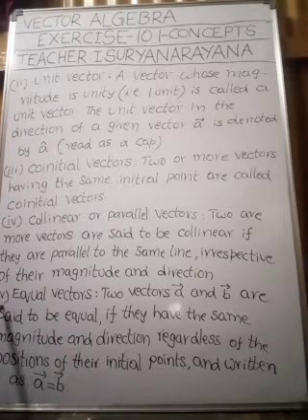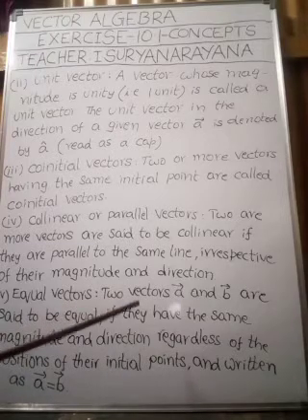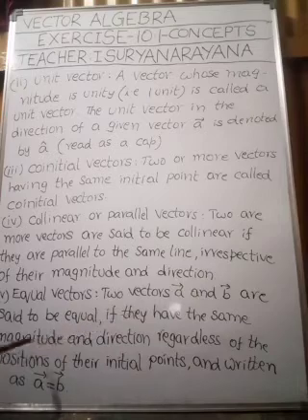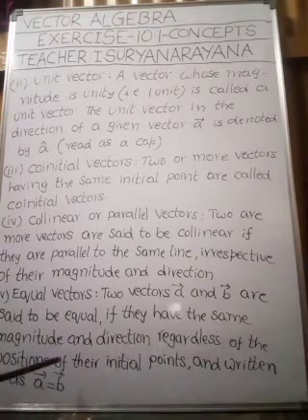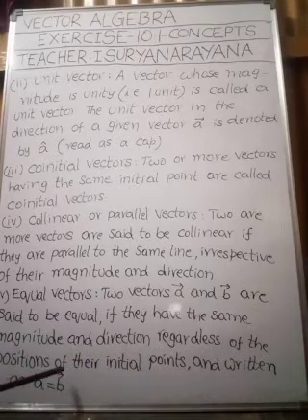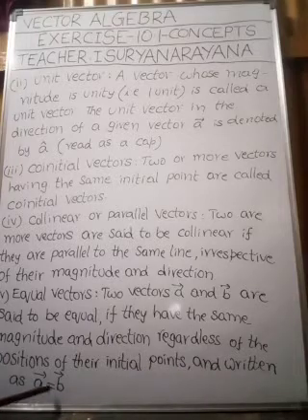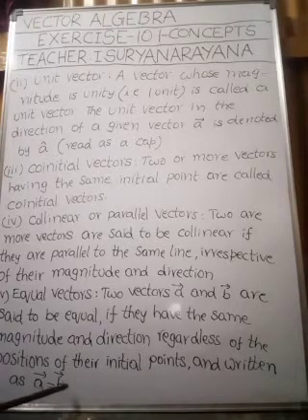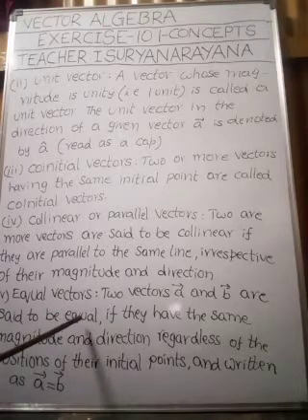Right. Now come to the next type of vectors, equal vectors. Two vectors A bar and B bar are said to be equal if they have the same magnitude and direction regardless of the positions of their initial points, and written as A bar is equal to B bar. Understood this definition of equal vectors, my dear children?